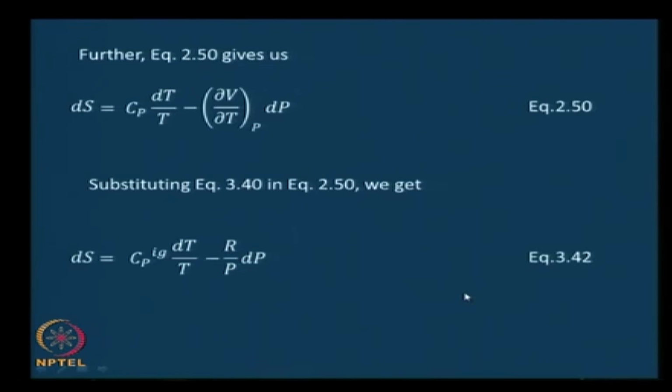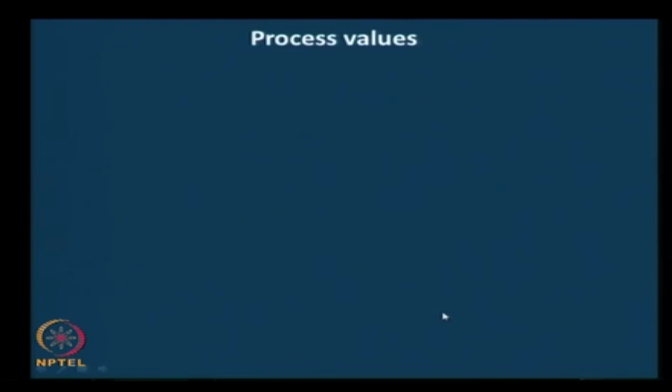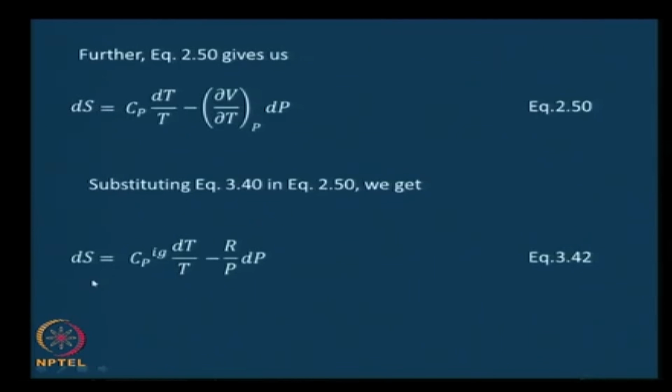We will call that equation 342, and therefore we have dS for an ideal gas in terms of easily measurable quantities.